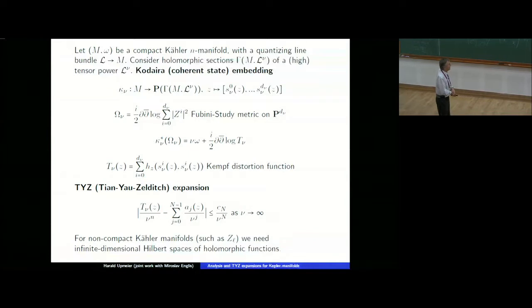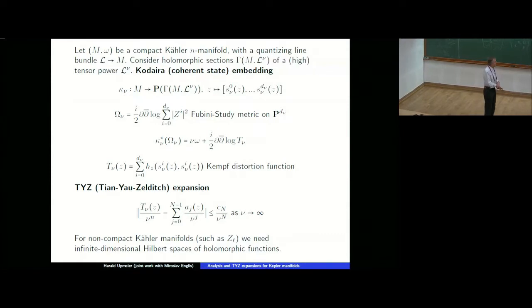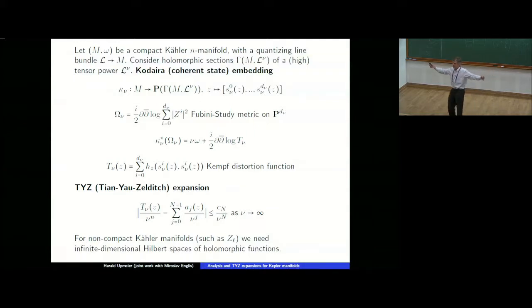Then the Kodaira, or as physicists would say, coherent state embedding: you take the projective space over the sections, take a basis of sections, and evaluate at the basis. That gives you an element in the projective space.